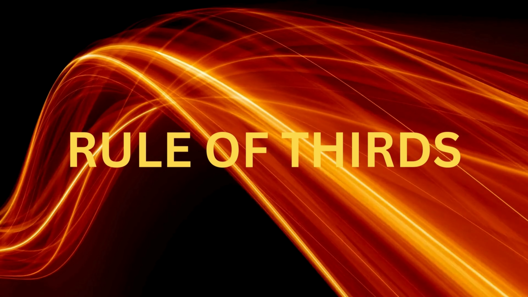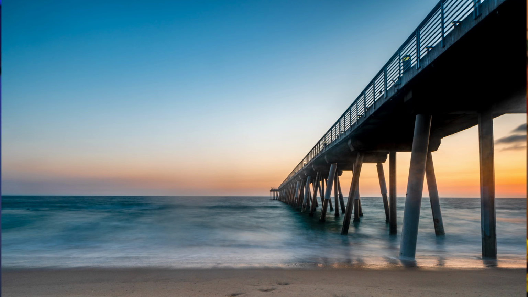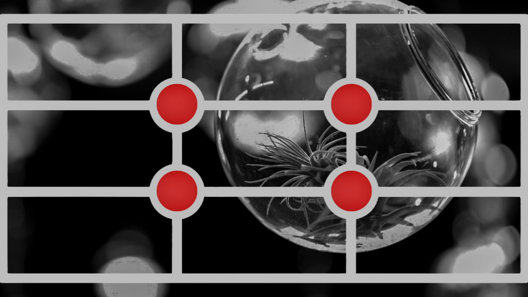The idea of using the rule of thirds is to place your subject along the lines or at the intersections of these lines. Rule of thirds creates balance, adds more visual interest, and makes the image feel more natural.